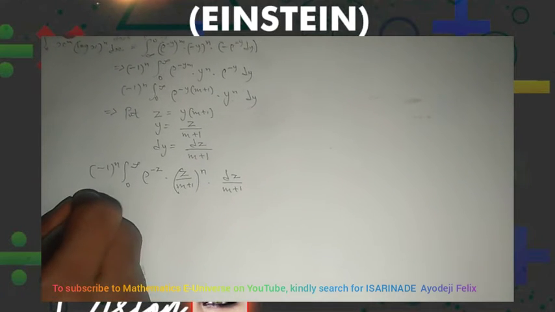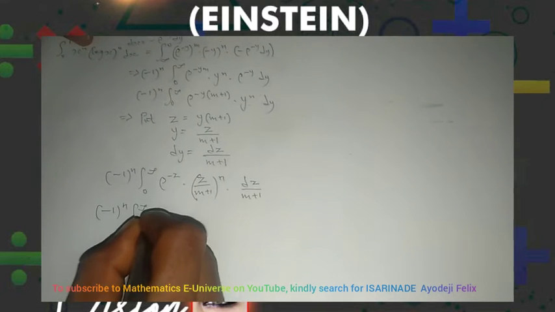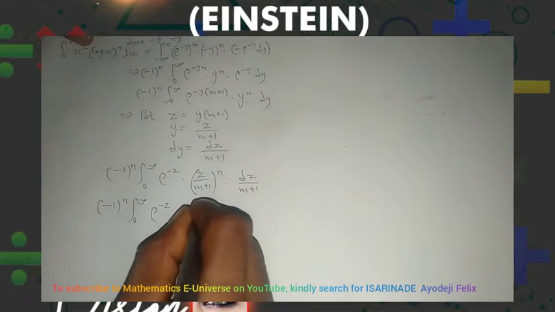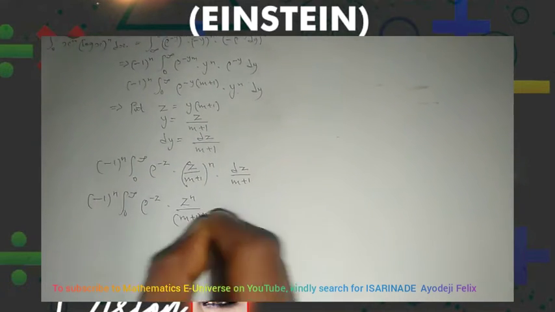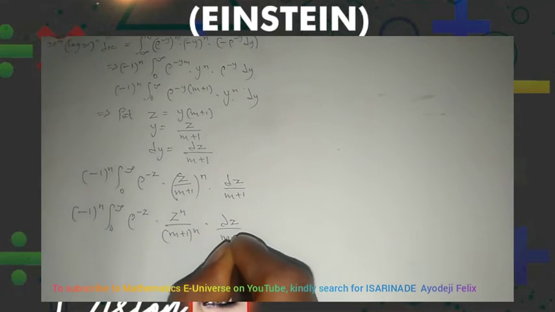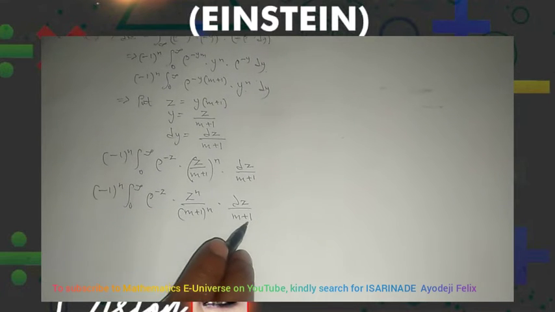And if that is the case, we have minus 1 raised to power n integral from 0 to infinity exponential minus z dot z raised to power n over m plus 1 raised to power n dot dz over m plus 1 rather. And if that is the case, this m plus 1 raised to power n, this is m plus 1.